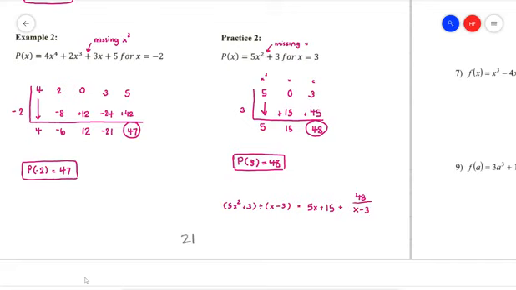So just be aware of how to write your answers depending on what the question is asking you for. One key giveaway is that if it says x equals, then you know that your answer is your remainder. If it says divided by, then your answer will be a polynomial. So just a little heads up there.